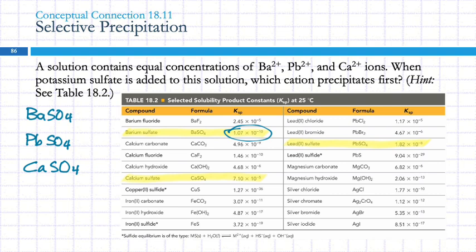So as we add potassium sulfate, the barium ions are going to precipitate first, because they're going to reach that saturation point soonest. And then who's going to precipitate next? The lead, because this is the next smallest. So next the lead will start to precipitate, and then at the end the calcium will start to precipitate.